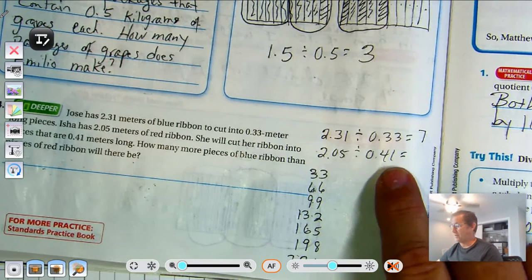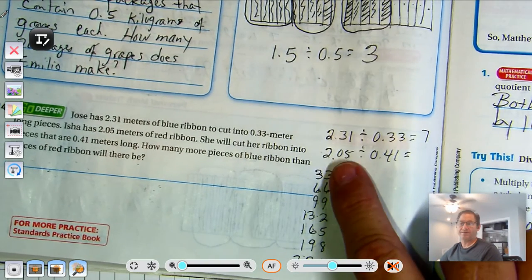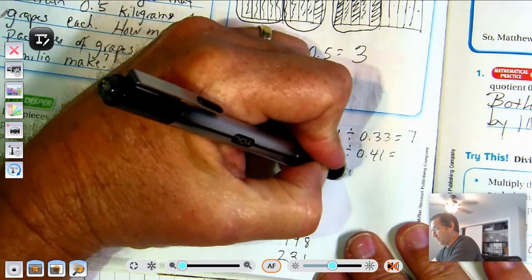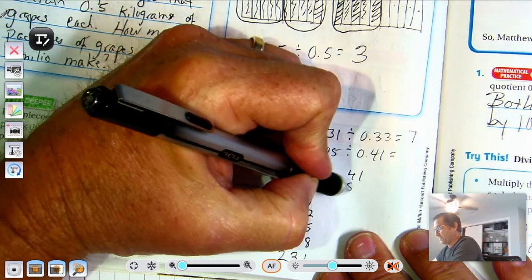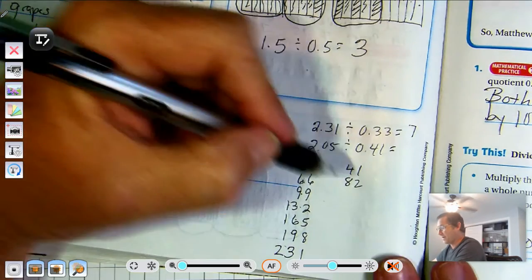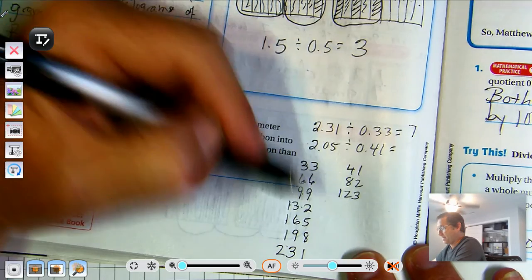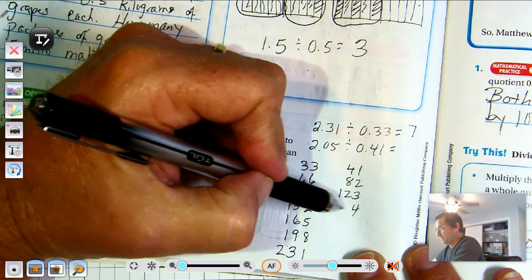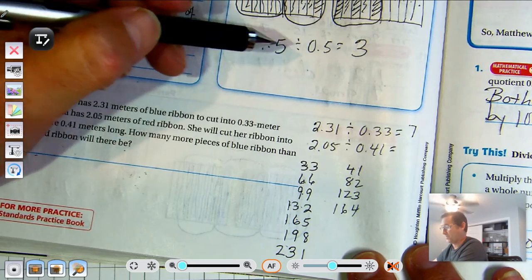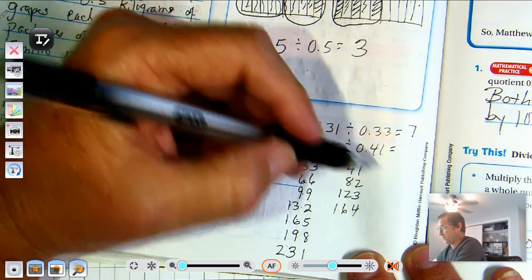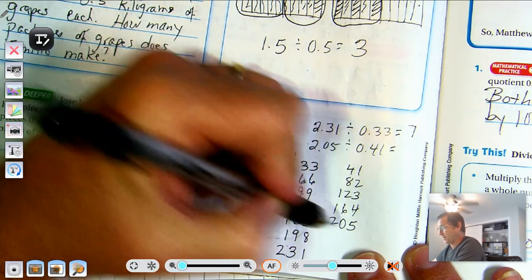And in this case, we're counting groups of 41 in 205. So 41 plus 41 is 82. 82 plus 41 is 123. 123 plus 41 is 164. 164 plus 41 is 205.